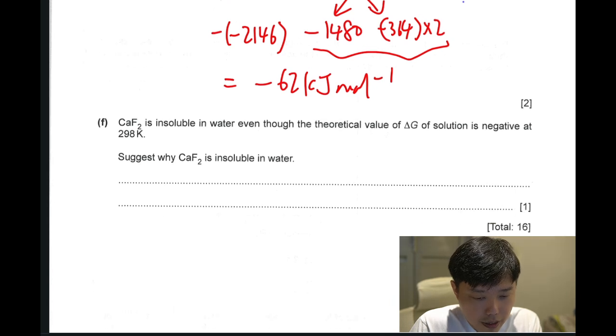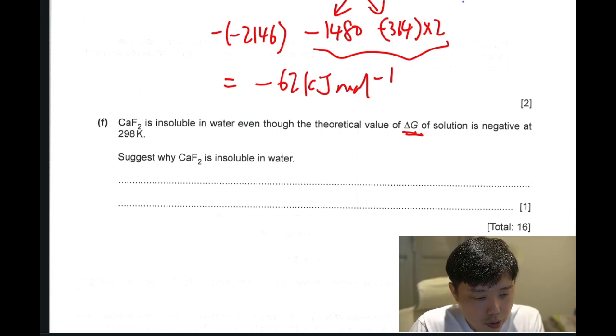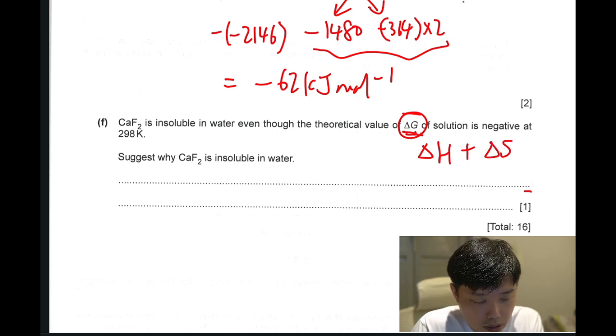Okay, but F, last question, is a suggest question. They say calcium fluoride is insoluble even though the theoretical value of Gibbs free energy of solution is negative at 298 Kelvin. Suggest why it is insoluble. So your Gibbs free energy already takes into account delta H and delta S. Okay, so your thermodynamic factors are all taken into account already.